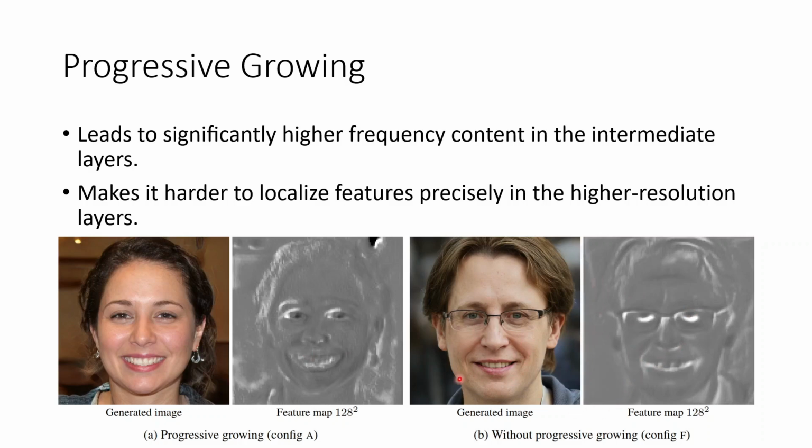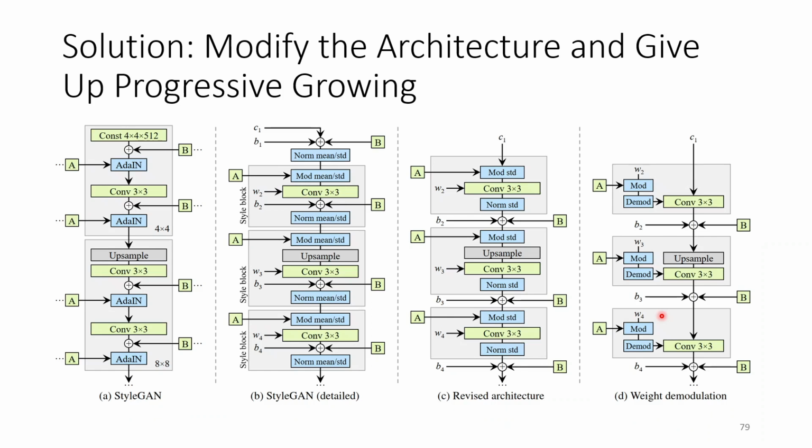Using the new method, they won't have the problem, and this is the architecture of their method. Okay, so this is StyleGAN V1, and A and B are the same image, just in B there are more details. So they revised the architecture and added a weight demodulation into it.